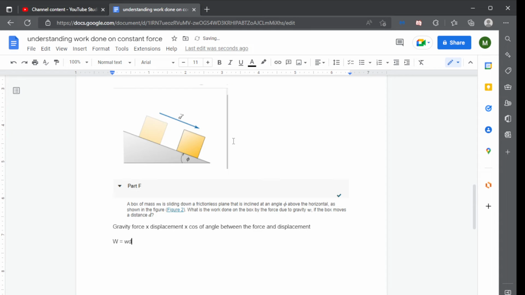And to give us the weight will be giving us the equation. 90 will be the angle of it with theta, and that's how you find the work done by this force.